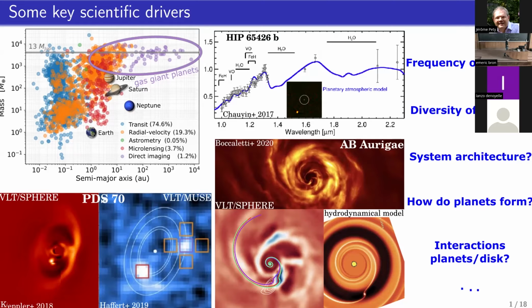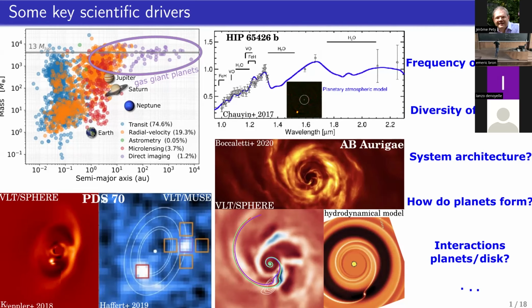So the key scientific questions related to these techniques are related to the frequency and to the diversity of the planets. And you have here the famous population diagram of exoplanets as a function of their mass and of their distance to the star.